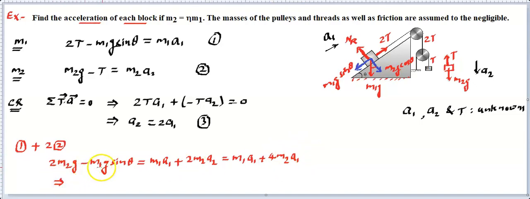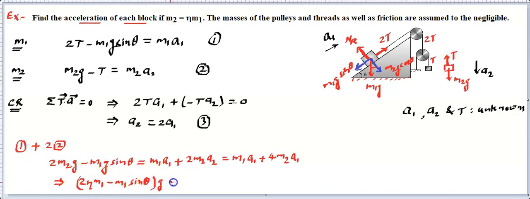When you rewrite it, from here you can take a common g and place this m2 as eta times m1. So this is going to be 2 times eta m1 minus m1 sine theta into g.